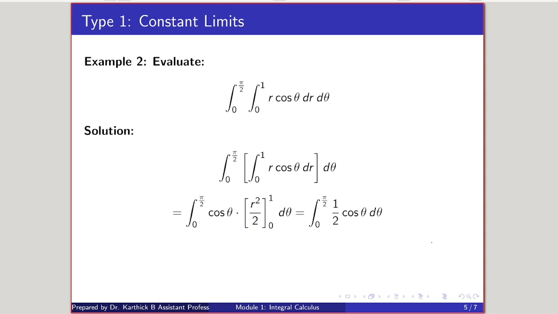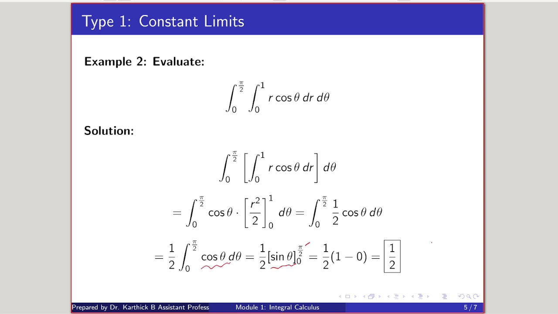Integration of cos theta will be sine theta, and we may make a substitution. And already we know that sine 0 will be 0. Then sine 90 degrees will be 1.